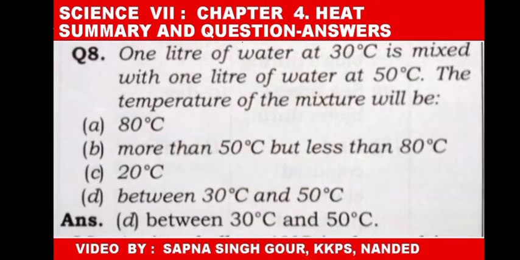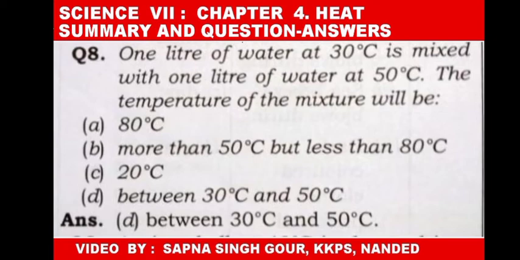Then the next question, very interesting. 1 liter of water at 30 degrees Celsius is mixed with 1 liter of water at 50 degrees Celsius. The temperature of the mixture will be... Here most of the students commit the mistake, either they add or subtract.